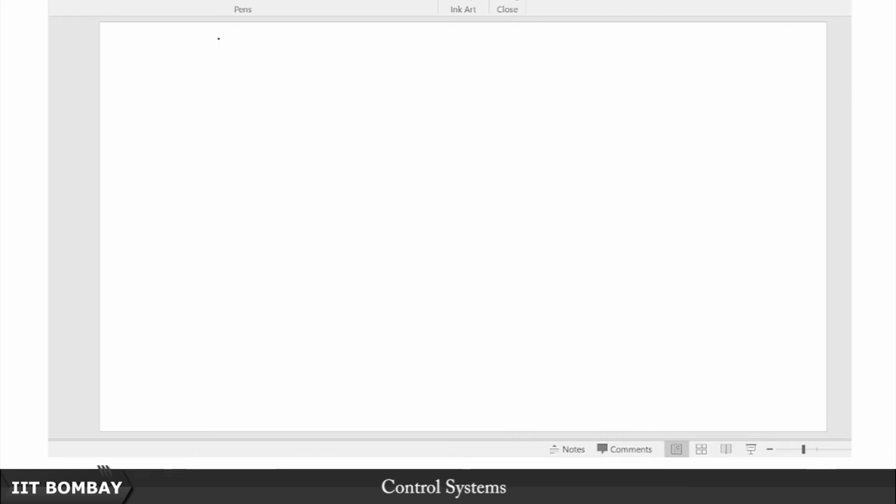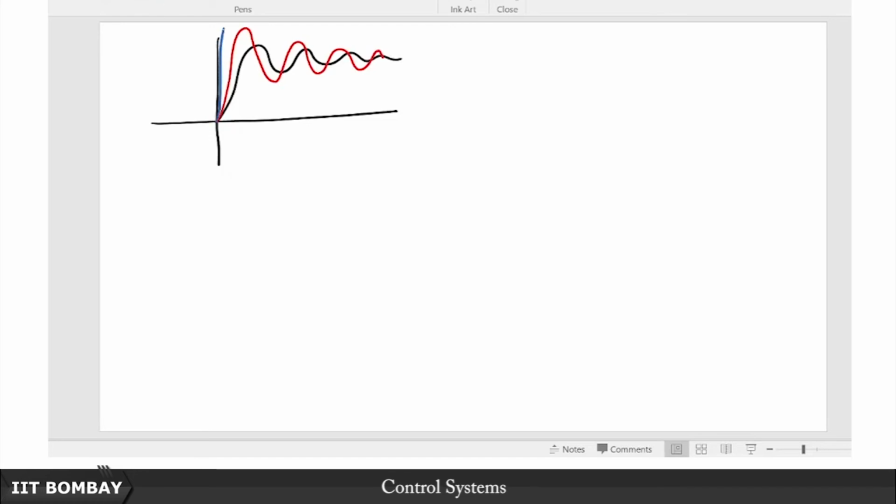So if you are given, for example, a number of such plots, something like this, and then you have something like this, and then let us say you have another one, something like this, and you have something like this.